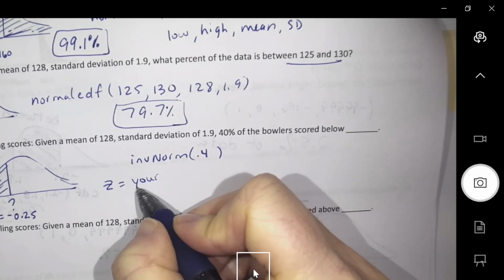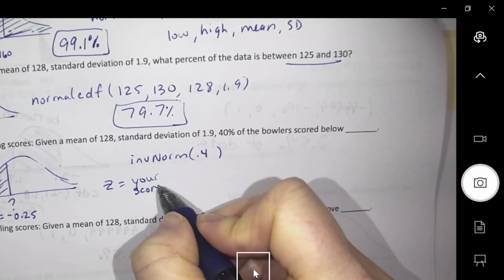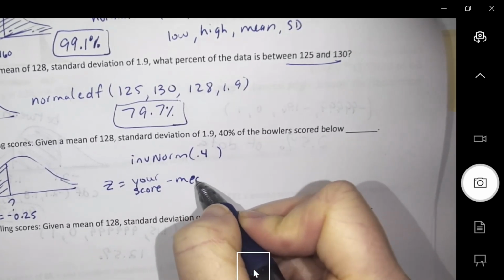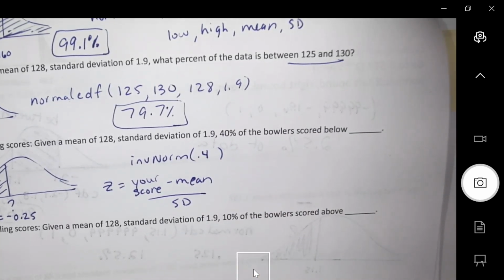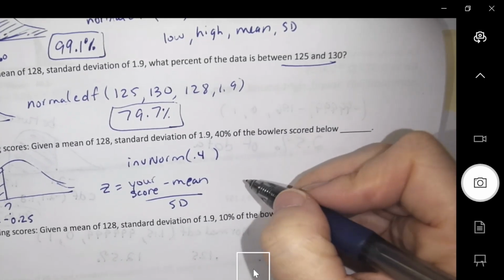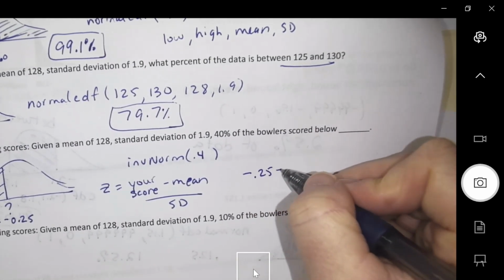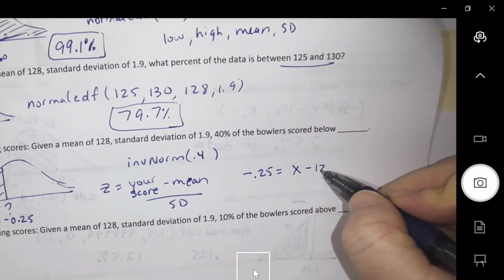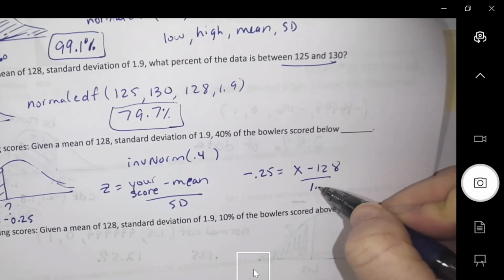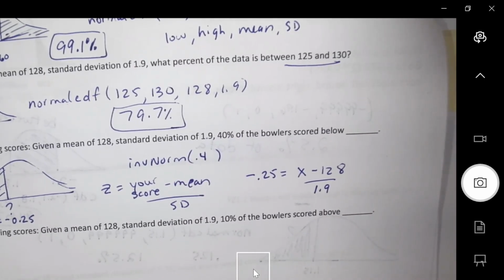This is on your sheet, don't write this down. Do you remember that formula from yesterday? So be looking at your sheet. So we have a z-score of negative 0.25. What did we score? That's what I want to know now.